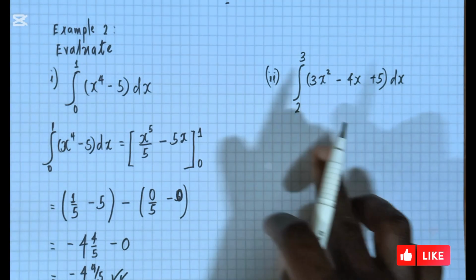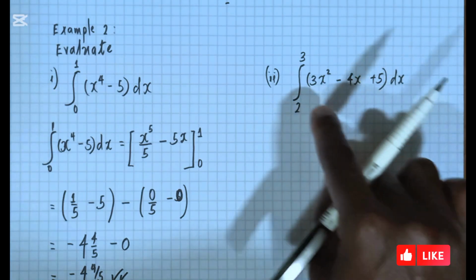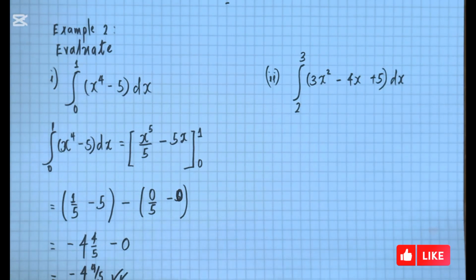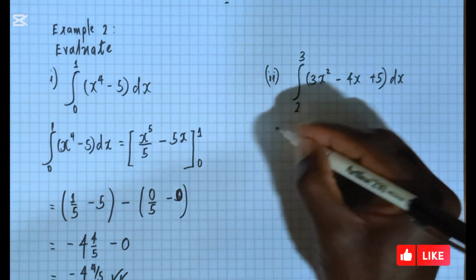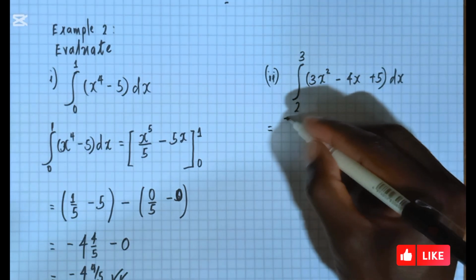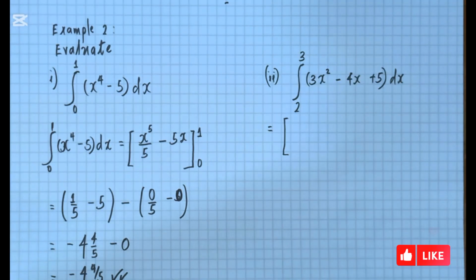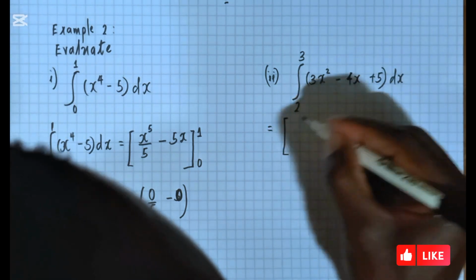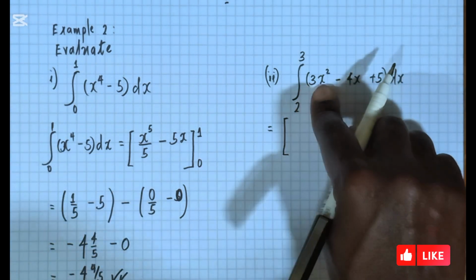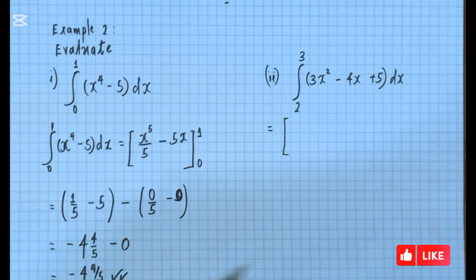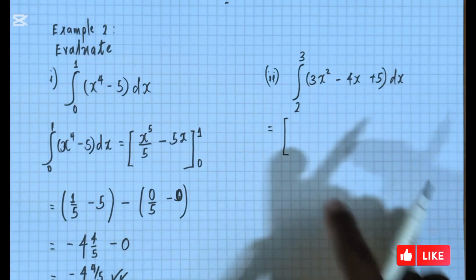So we are having the integration of 3x squared minus 4x plus 5 with respect to x for the limits 2 to 3. So basically when you integrate this particular problem, we're going to start with an open bracket. When you integrate this, notice we are going to have 3x cubed divided by 3.